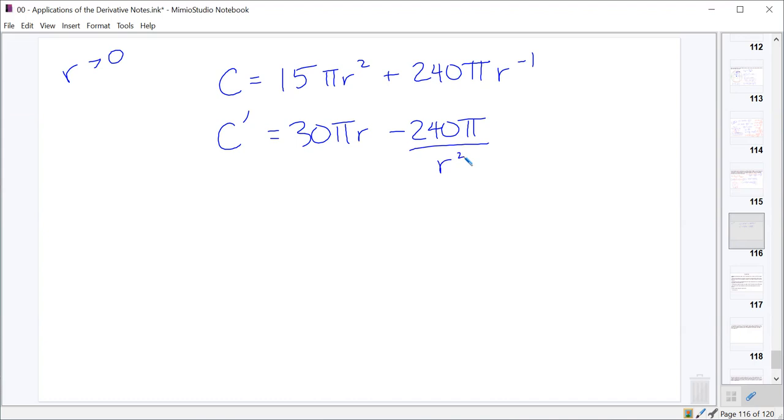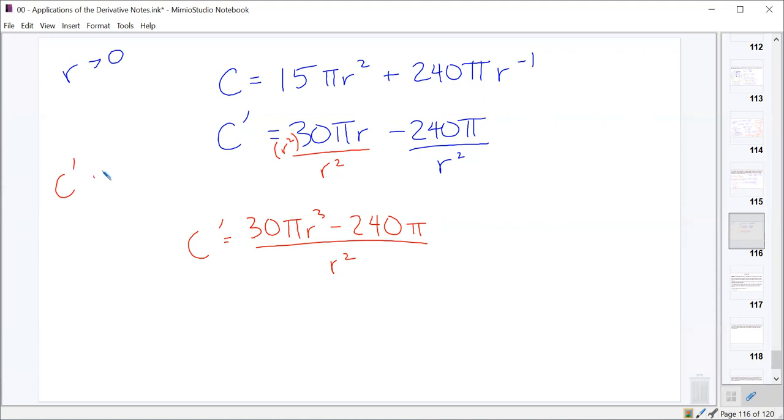And if we get ourselves a common denominator here by multiplying by r squared in the numerator and the denominator, we'll end up with c prime is 30 pi r cubed minus 240 pi all over r squared.